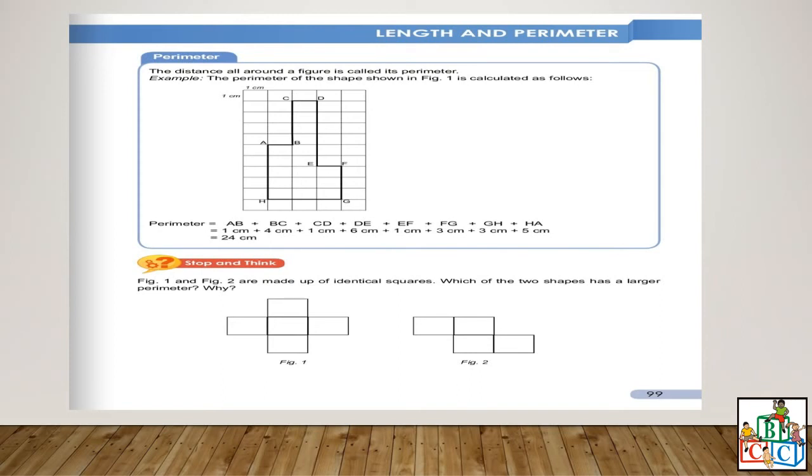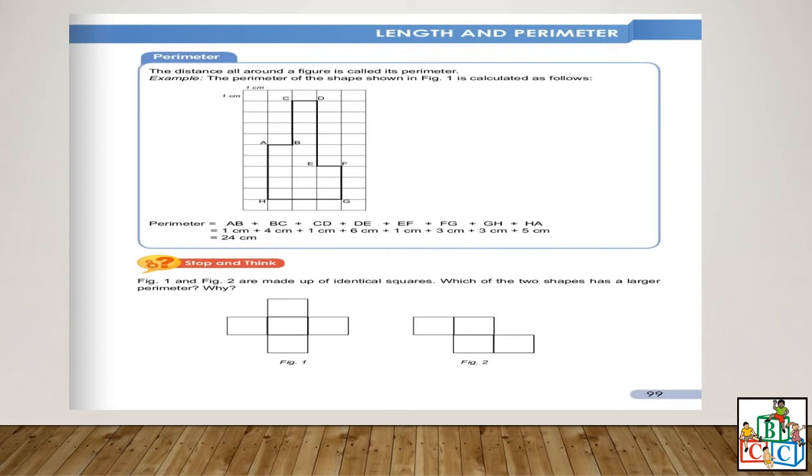D to E, 1, 2, 3, 4, 5, 6 centimeters. E to F 1. F to G, 3 centimeters. G to H, 3 centimeters. H to A, 5 centimeters. You're going to plus all these. Your perimeter is 24.